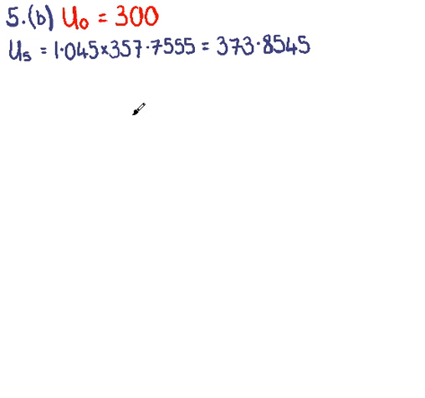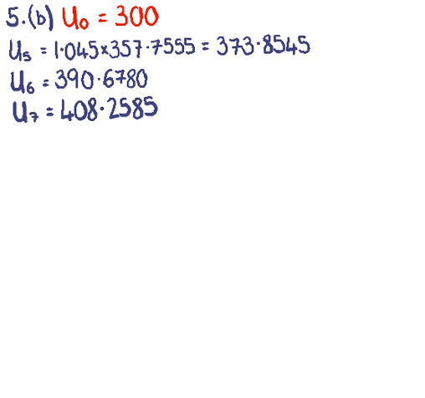So if we apply the same strategy, first of all, U6 equals 390.6780. So we need to keep going. U7 is 408.2585. U8 is 426.6302.